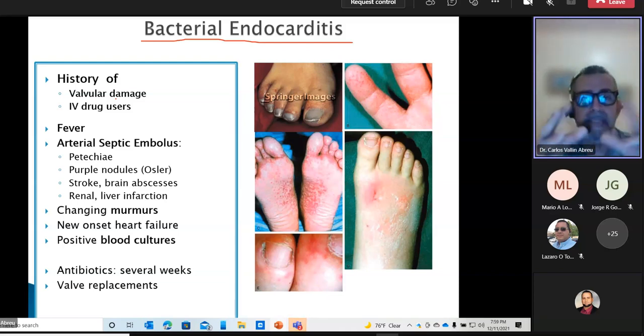And this mass of fibrin that is inside the heart, generally inside the left heart, because this endocarditis is more frequent in the left heart, is going to release fragments, pieces of this mass, of this clot, with bacteria to the general circulation.